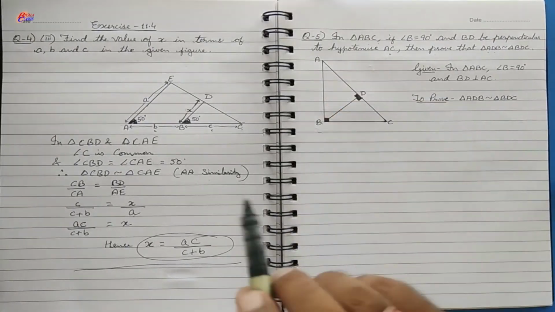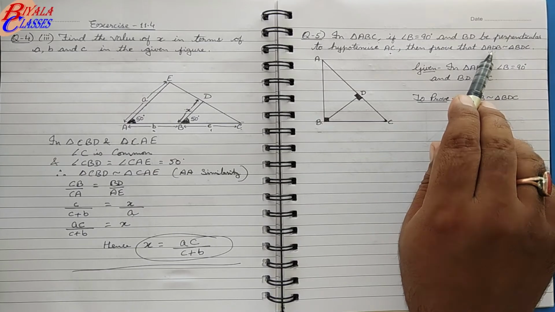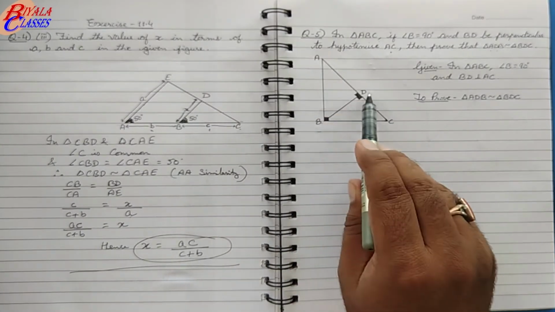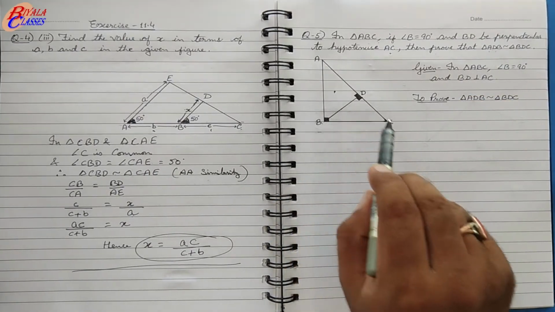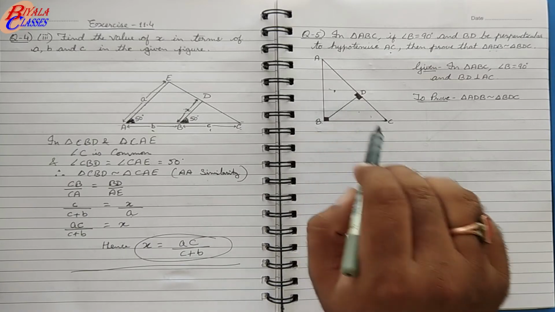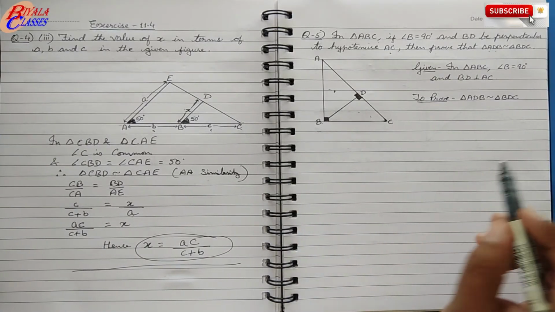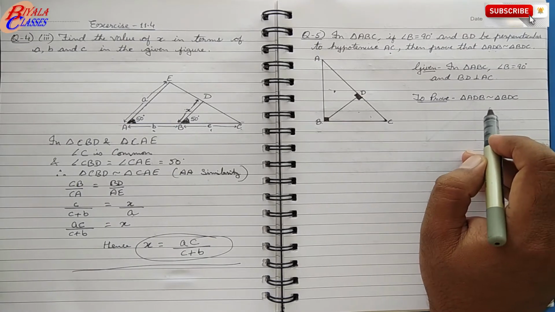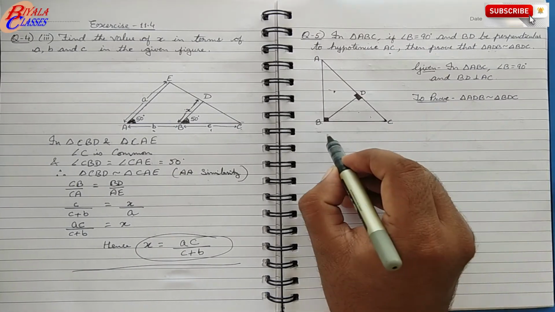BD is perpendicular to the hypotenuse AC, and what we have to prove is that triangle ADB is similar to triangle BDC. So these two smaller triangles which are formed, we have to prove that they are similar to each other. So given and to prove I have written. Now let's move towards the proof here.